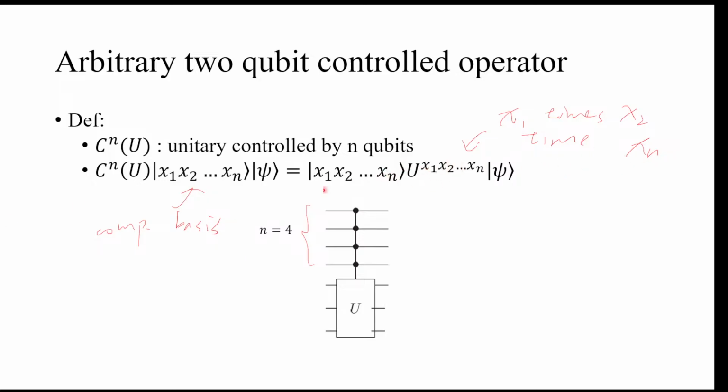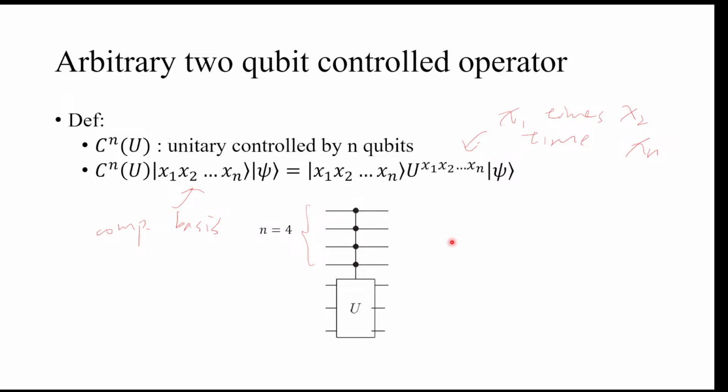And this is another bit string x1, x2 to xn. So this is another confusing notation. So multiplication of several bits looks like same as a bit string. But here we mean that this is actually a number. This is x1 times x2 times xn. And all this notation wants to say is you apply U only when all the x's are 1. Okay, so otherwise you have U to the 0 equal to identity.